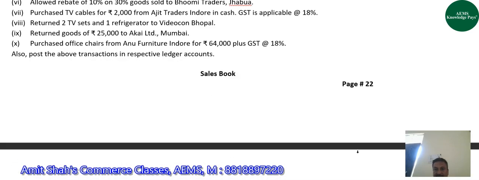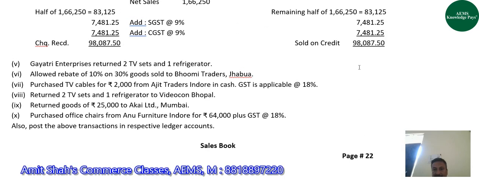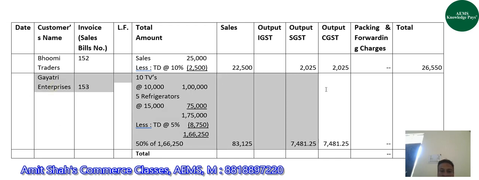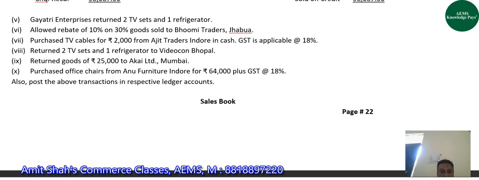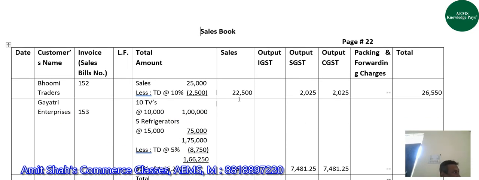Output CGST is 7,481.25 and the same is here. There is no packing and forwarding charges being charged by us. So total that we have to recover from Gayatri Enterprises is 98,087.5. So this is how, guys, we have recorded this sales transaction in our sales book. I hope you all have understood this, right?